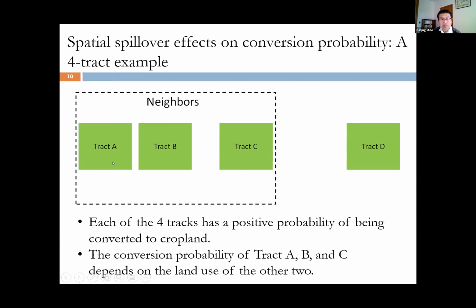Then the probability of grassland tract A to be converted to cropland will be increasing, maybe because of some externality impact or the learning impact from neighboring tracts and so on. So the spatial spillover effect will capture the effect of the conversion status of neighboring grassland tracts on the conversion probability of one specific grassland tract.